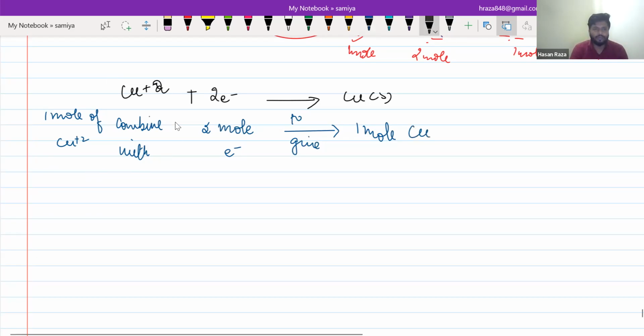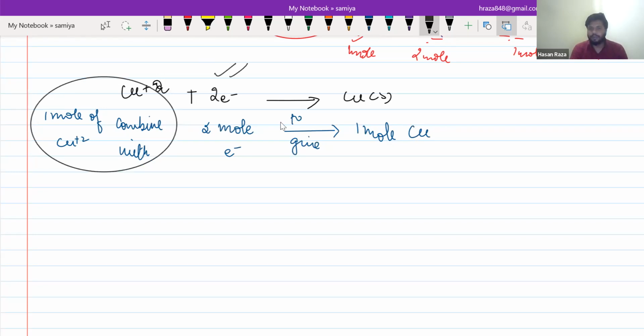Since we don't need this, we are not going to write it. And we also know that 1 mole electron is equal to 1 Faraday. So 2 mole electron will be equal to 2 Faraday. 2 Faraday will give 1 mole copper.